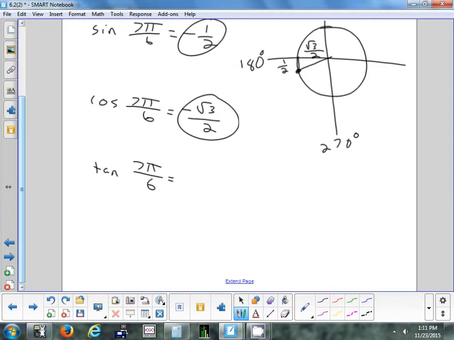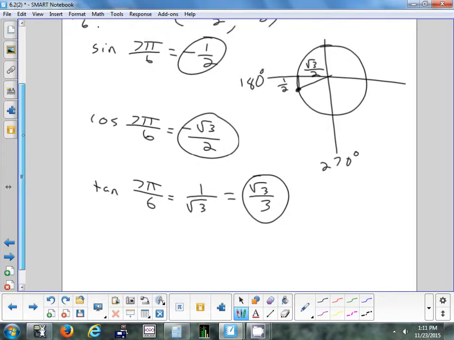Okay, first, let's do it in 2 steps just so we don't lose people. What cancels when you divide these? 2's and the negatives. Okay, so you'd have 1 over the square root of 3, square root 3 over 3.